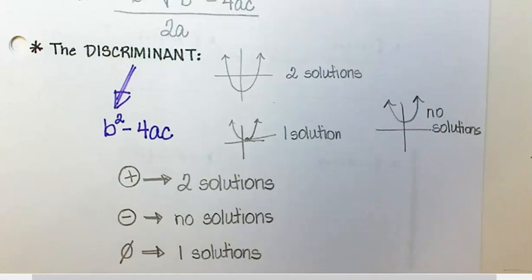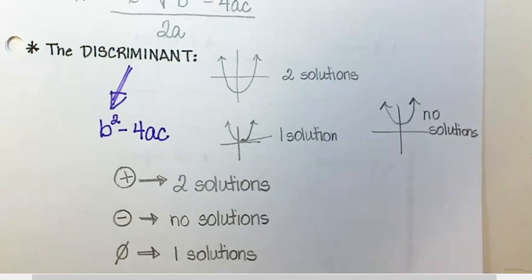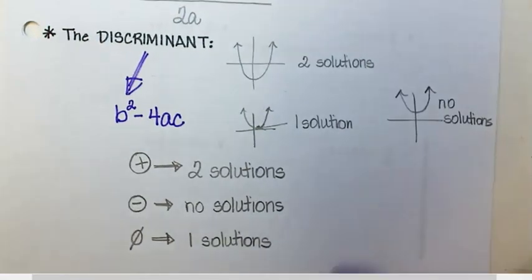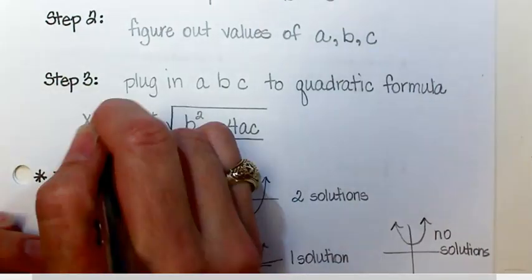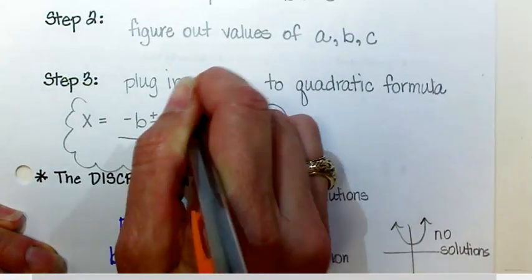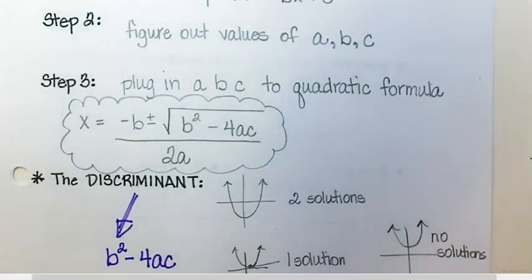But sometimes they're very difficult to factor, or they just won't factor smoothly because maybe we get a decimal, or maybe we get a square root of something. And so the quadratic formula is your, when all else fails, figure out your solutions with the quadratic formula.